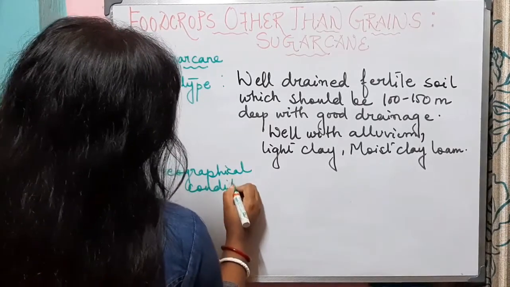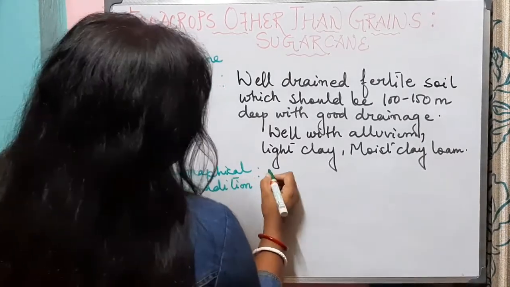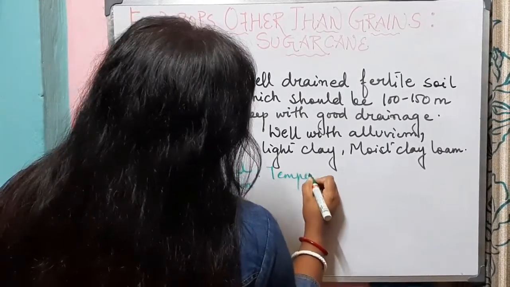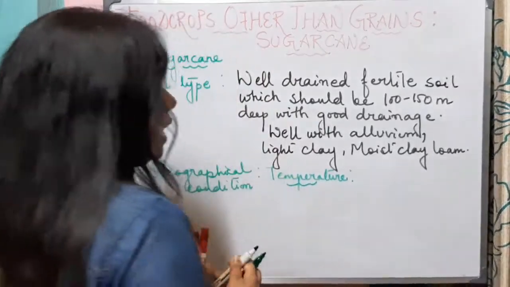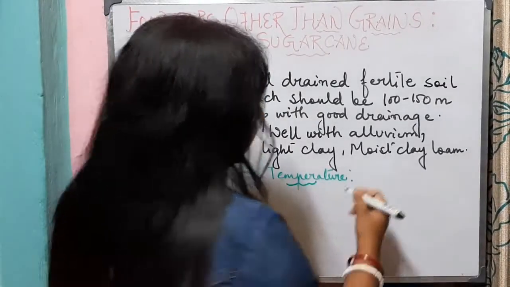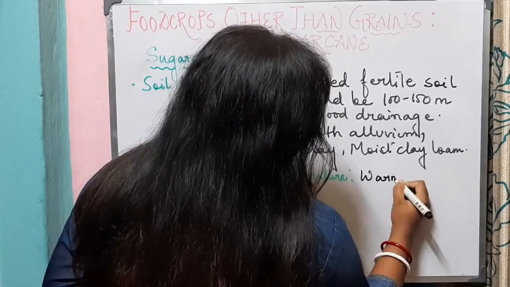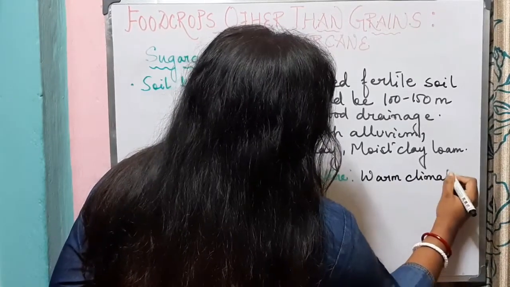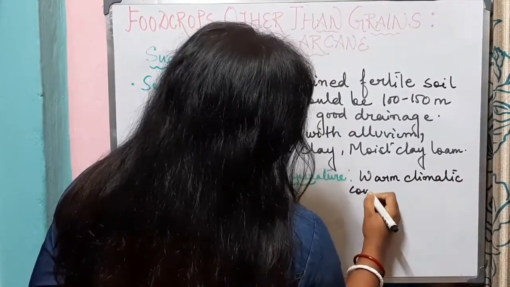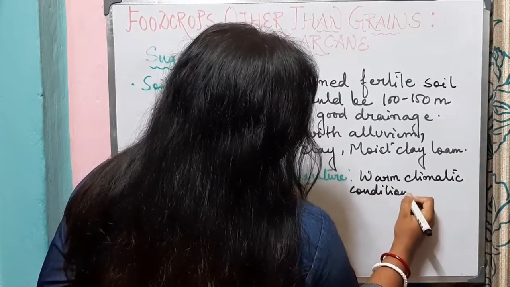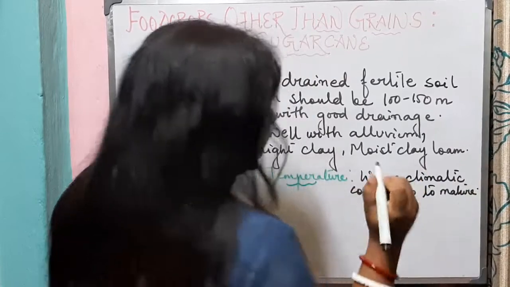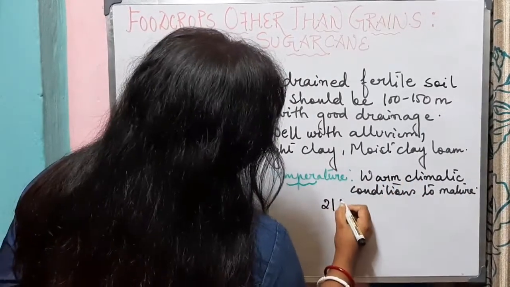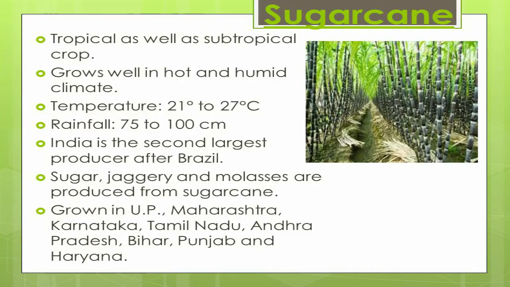First, let us know about the temperature. In terms of temperature, sugarcane needs warm climatic conditions to mature. It needs a temperature between 21 degrees Celsius and 27 degrees Celsius.